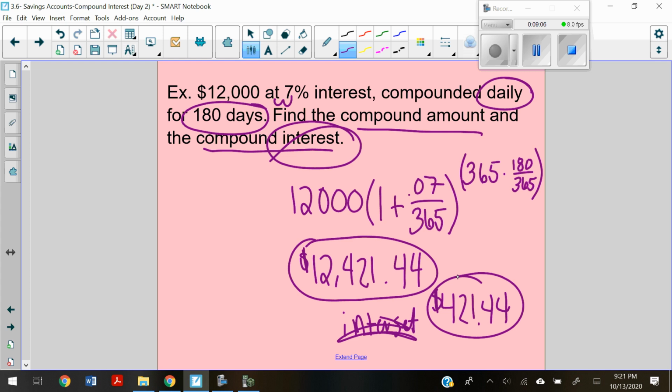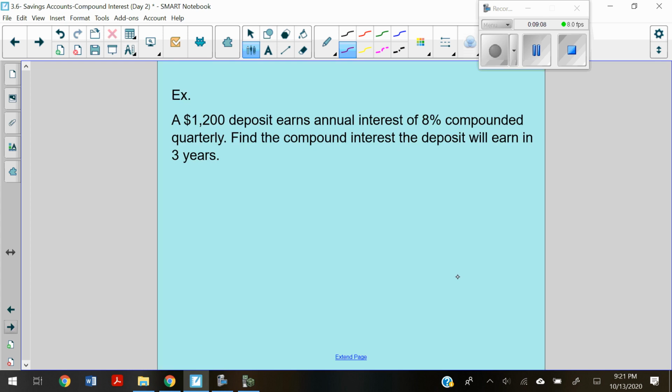All right, one more problem and we're done, guys. A $1,200 deposit earns an annual interest of 8% compounded quarterly. Find the compounded interest the deposit will earn in 3 years. All right, pause the video here and see if you can set it up on your own.